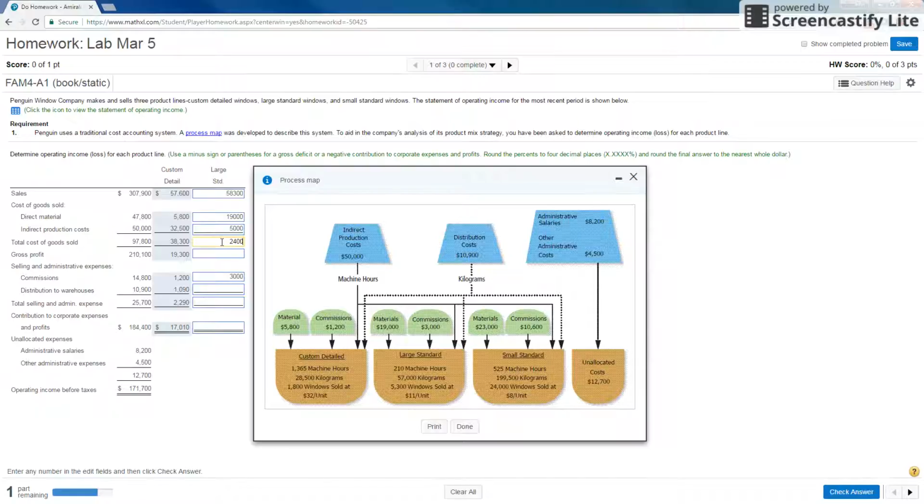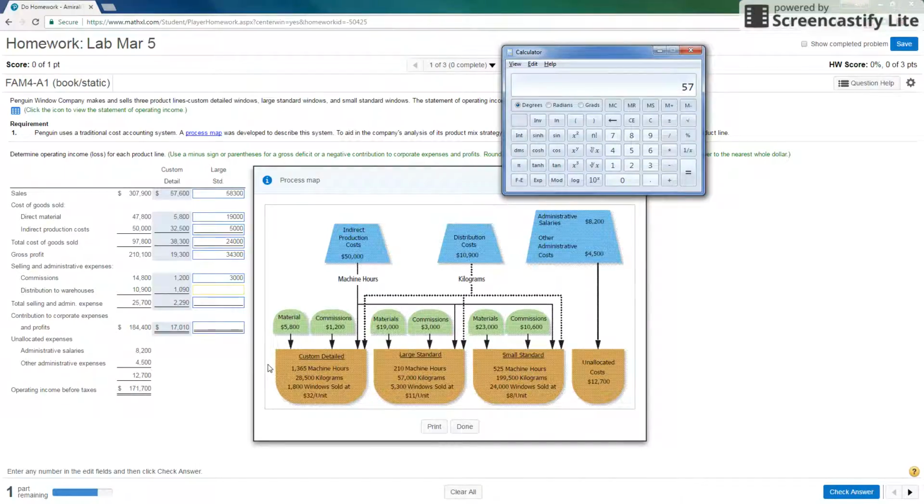Then you have to add these two numbers. That's 24,000. And now you have to deduct this 24,000 from 58,000, which leaves us at 34,300. Now we have to calculate the distribution to the warehouses. I remember that the total kilograms was 285,000, and we have to see what percentage of those is 57,000.